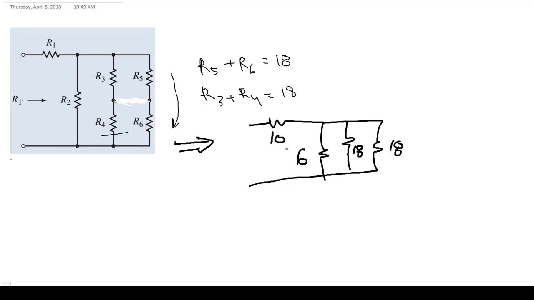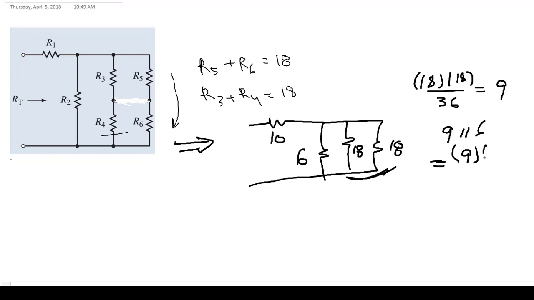The parallel of these two is 9: 18 times 18 over 36 equals 9. The parallel of 9 with 6 is 9 times 6 over 15, divided by 3, this is 5 by 3, this is 3.